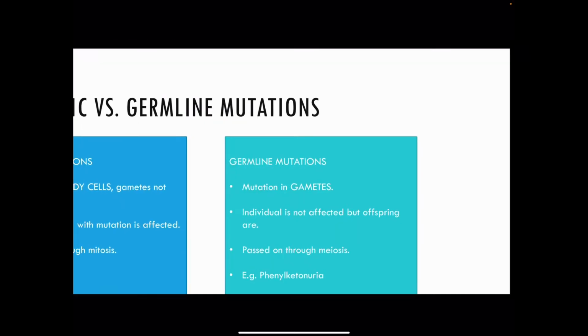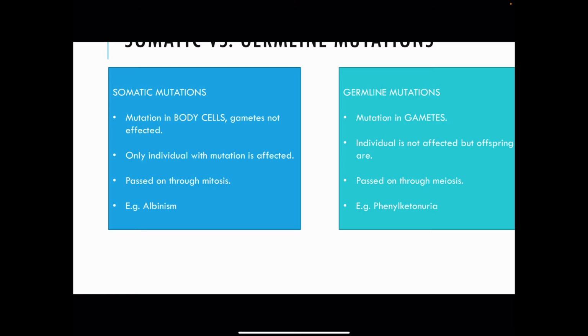A somatic mutation, remember, occurs in body cells, okay? The gametes are not affected. Now, because of this, only the individual with the mutation is affected, all right? So let's say you have some UV damage to your skin cells. Those skin cells are going to be mutated. That mutation is going to be passed on through mitosis, okay?